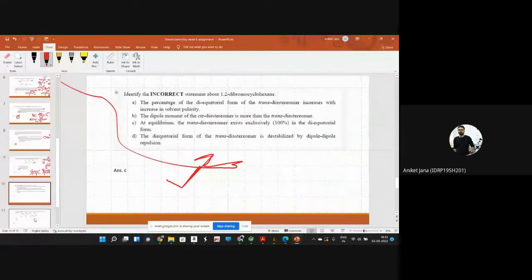So let's move to the next question. Question number 9. So it is saying that the 1,2-dibromocyclohexane, right?